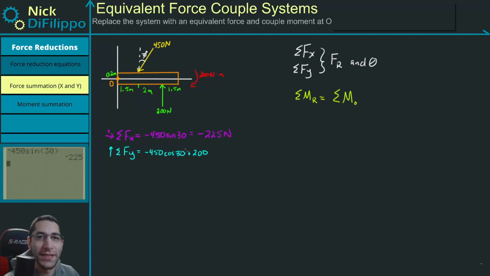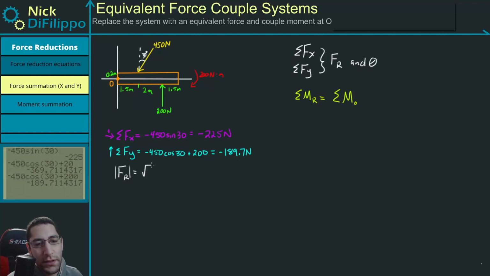And those are my only forces I have in the y direction. So this will equal minus 189.7, and that's newtons.